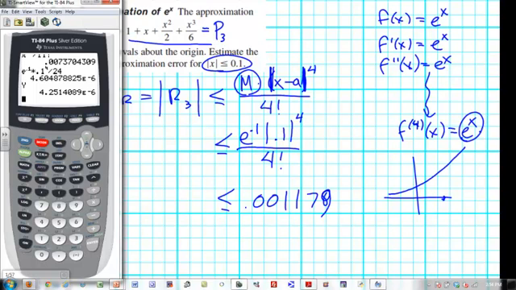Does it matter which way you do it, or do you really prefer to do the one that's more correct? Well, what's going to be expected? You're not expected as part of the AP exam to use your calculator to find errors.